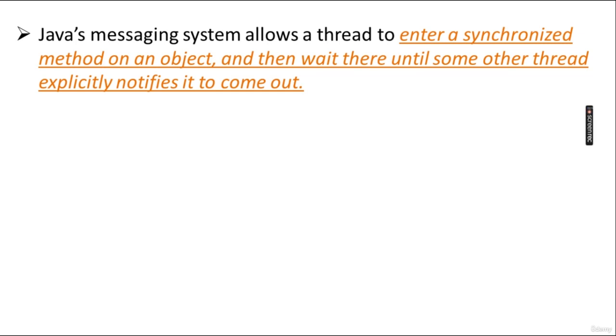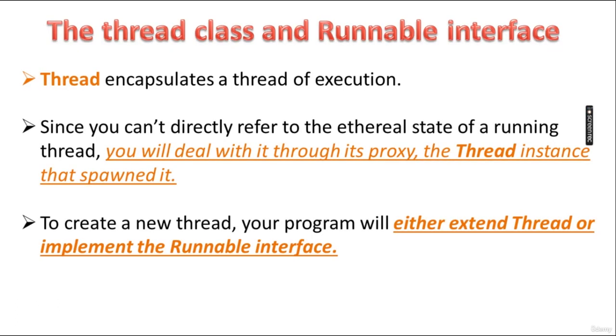Java's messaging system allows a thread to enter a synchronized method on an object and then wait there until some other thread explicitly notifies it to come out. So once a thread has entered a synchronized method, it will wait for some other thread to call it to come outside.